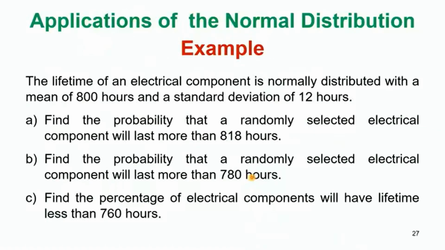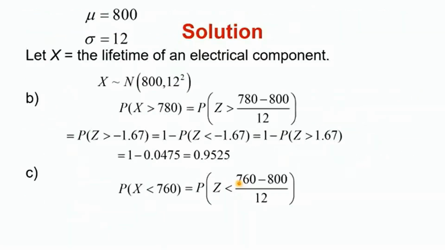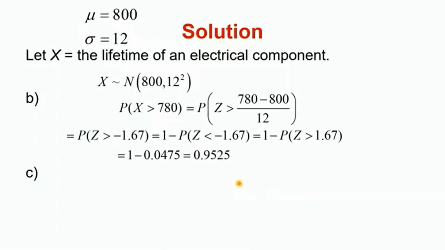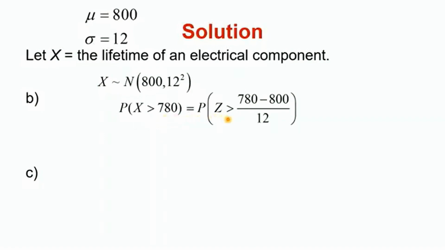For part B, find the probability that a randomly selected component will last more than 780 hours. X belongs to the normal distribution, and we need to find the probability of X more than 780. So Z is (X minus mean) divided by standard deviation.